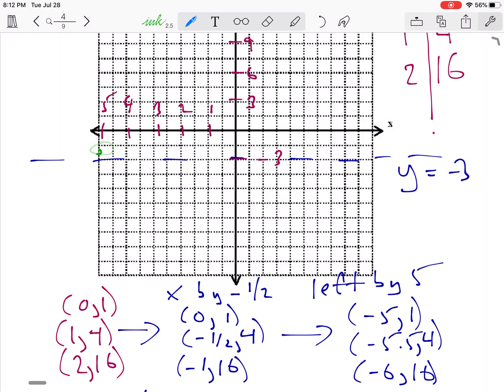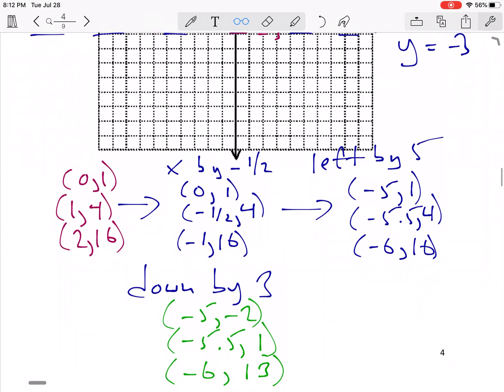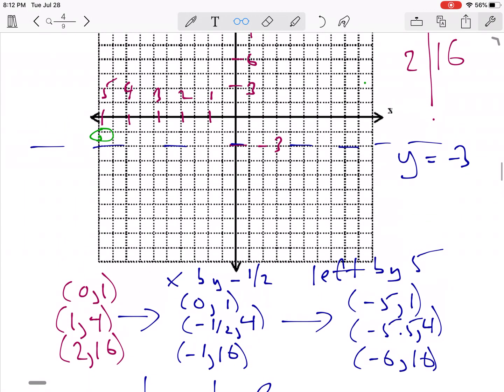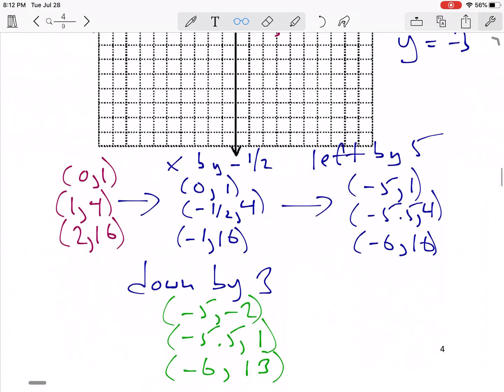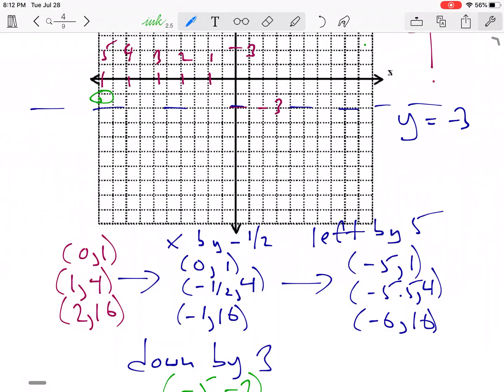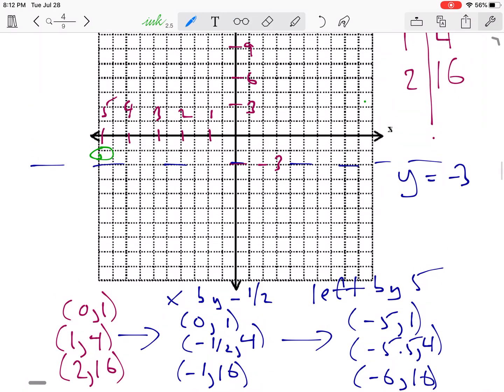So it's around there somewhere. Then I've got -5.5 and 1. I don't really have a coordinate there, so I'll just put that around here.